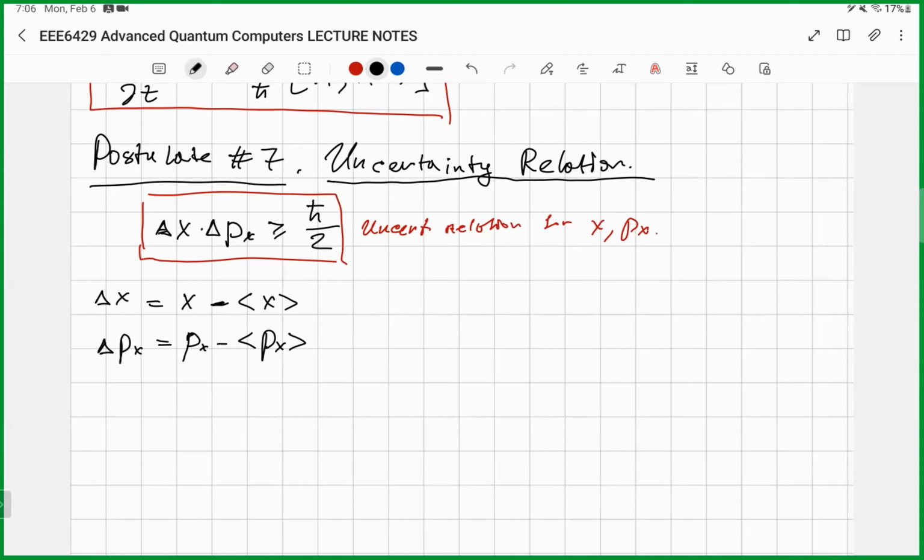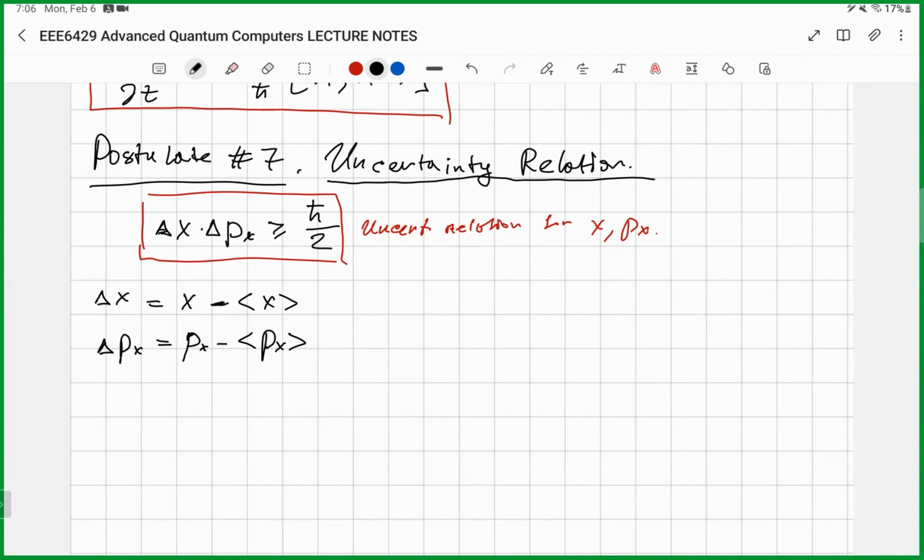It means that if you measure, for example, the coordinate more precisely, you will get a larger dispersion in momentum, and vice versa. If you measure momentum more precisely, that means that your dispersion in x will be larger.